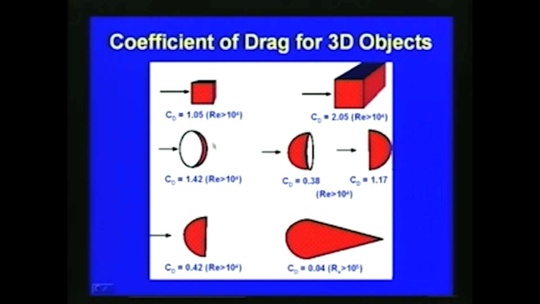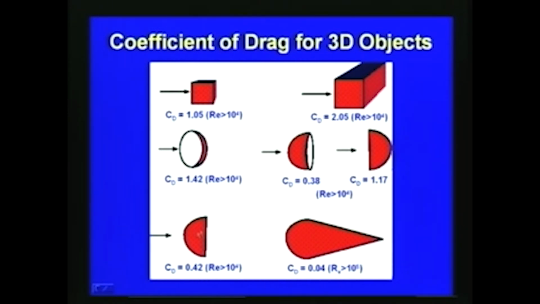For a hemisphere, the coefficient of drag is 1.42, and it ranges from 0.38 to 1.17, depending on which way you place it. If you place it this way or this way, the coefficient of drag here is much lower, 0.38, and here it is much higher, 1.17, for a Reynolds number more than 10 to the power 4.